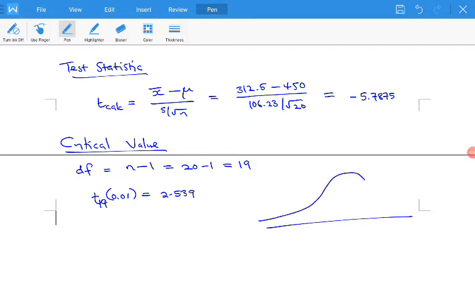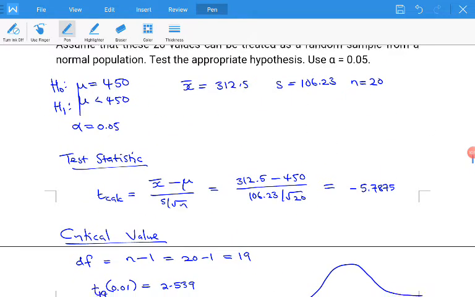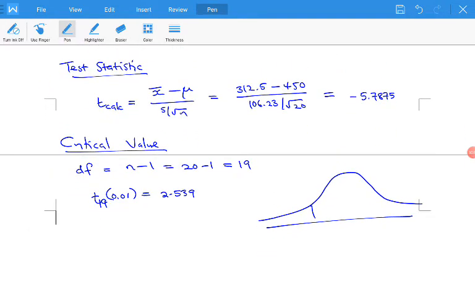So we draw our distribution. Since our alternative is less than, our critical value will be negative 2.539, and this is the rejection region.